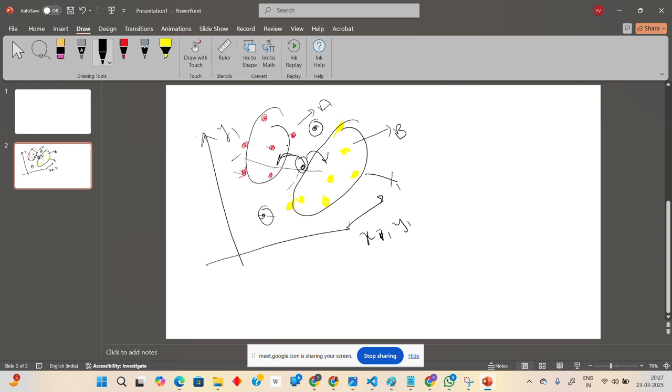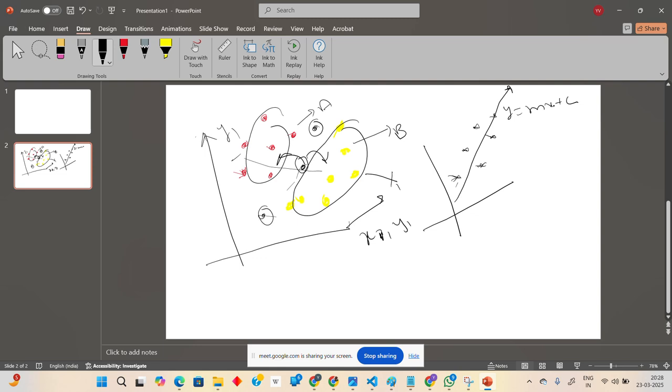So when there is a task like this, how do we solve it? We know linear regression. If I have points like this, in regression the end goal is to come up with a best fit line, which is y is equal to mx plus c.